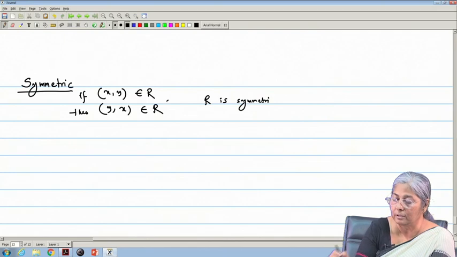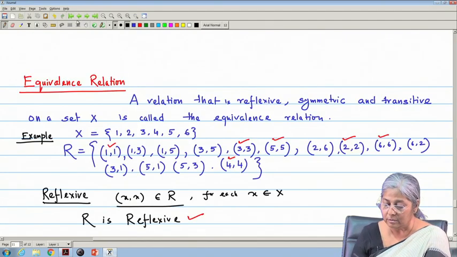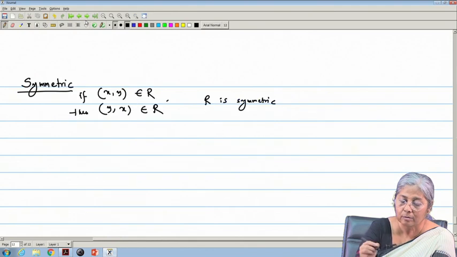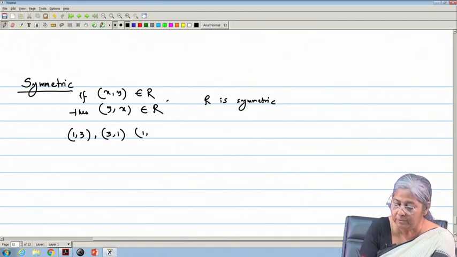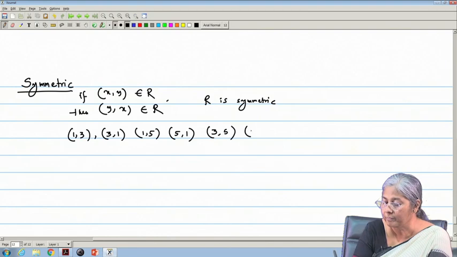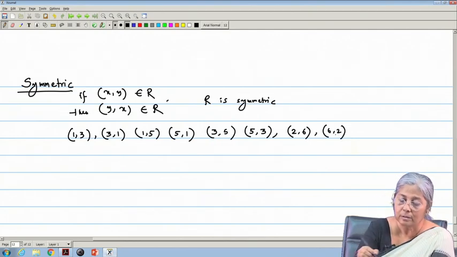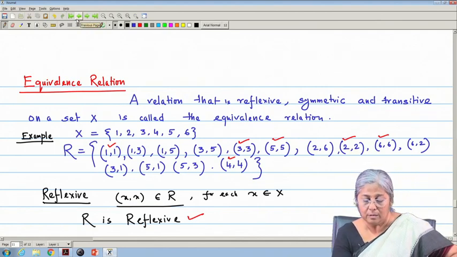So, we see that (1,3), (3,1), (1,5), (5,1), (3,5), (5,3), then (2,6), (6,2).